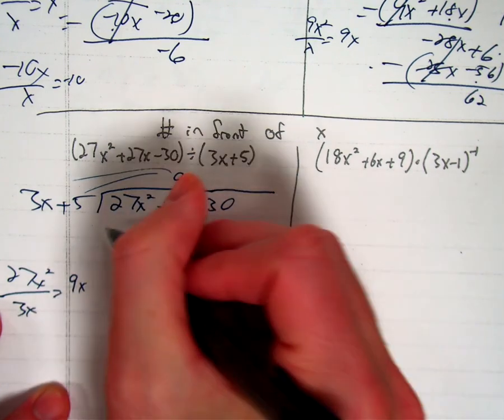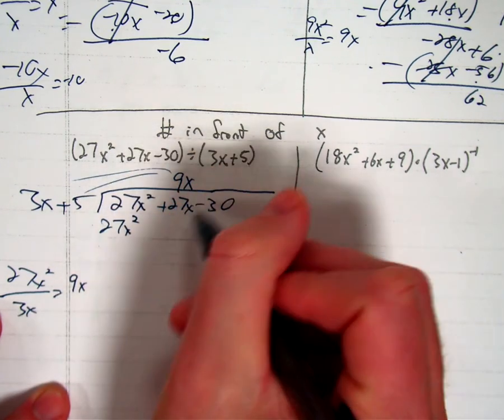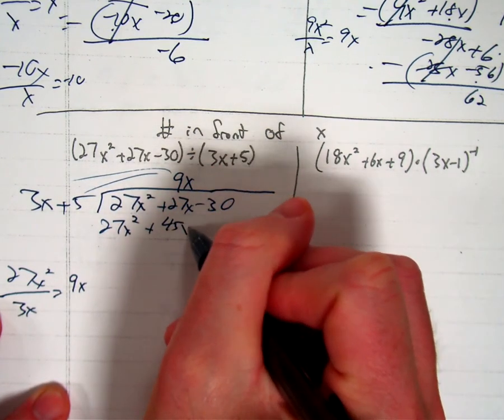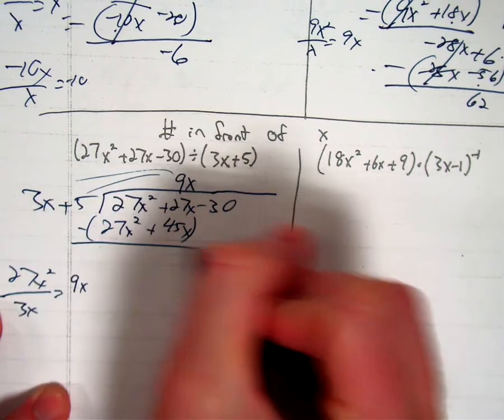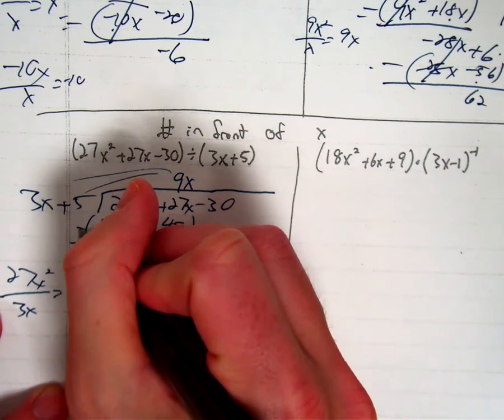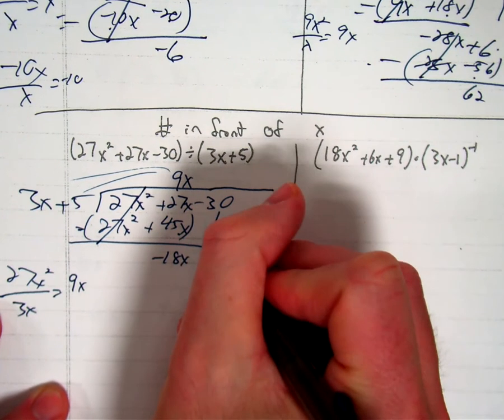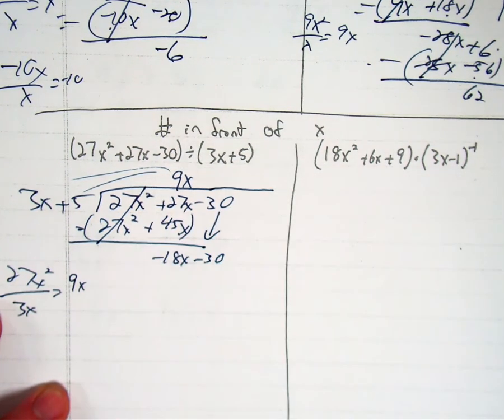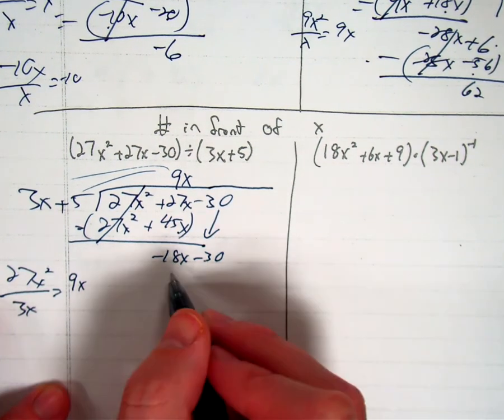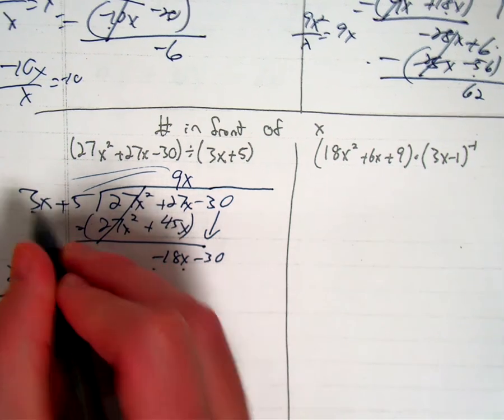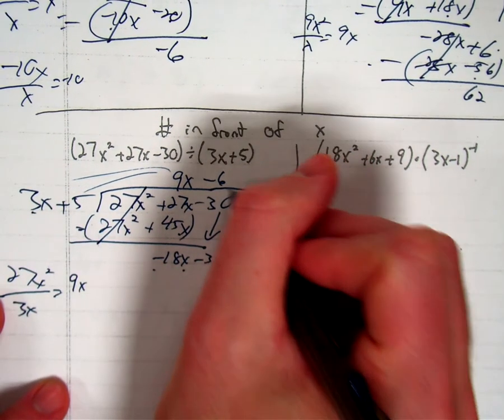Multiply it back. 27x squared plus 45x. Subtract. Cancels. 27 minus 45, negative 18x. Bring that down. Compare negative 18x divided by 3x, negative 6.